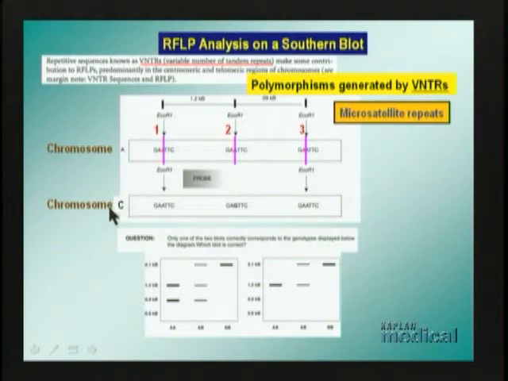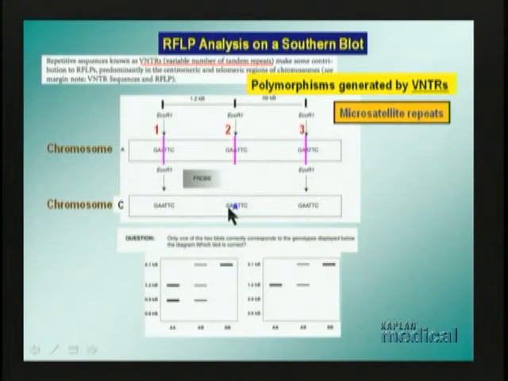Now, remember chromosome A has a palindrome at site 2 of GAATTC. Now let's assume in chromosome C at site 2, that palindrome is still there. It's GAATTC. There was not a mutation at this point here.